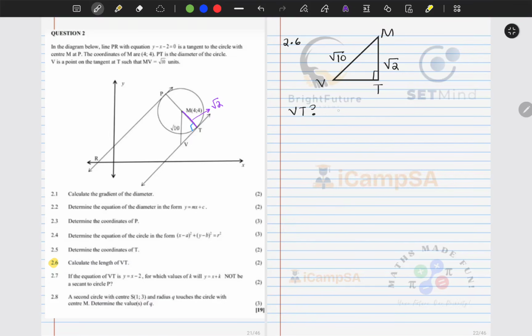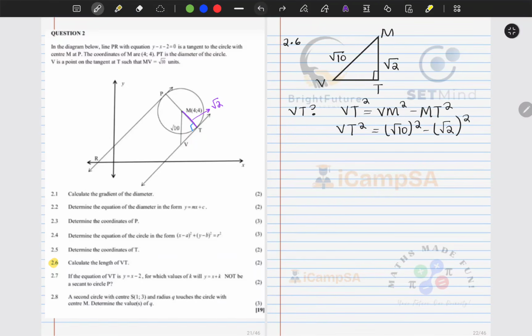So according to our Pythagoras theorem, VT squared will be VM squared minus MT squared, of which our VT squared will be square root of 10, all squared, minus, if you observe carefully, our MT, that becomes just square root of 2, squared.